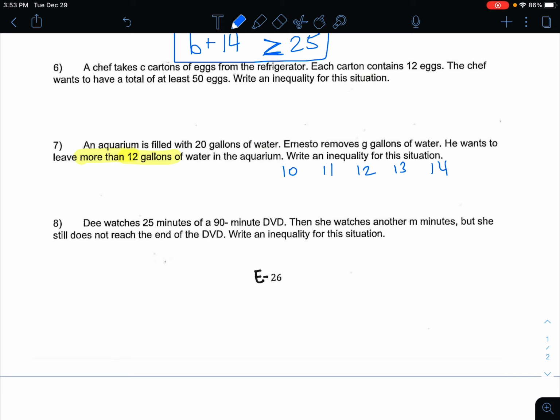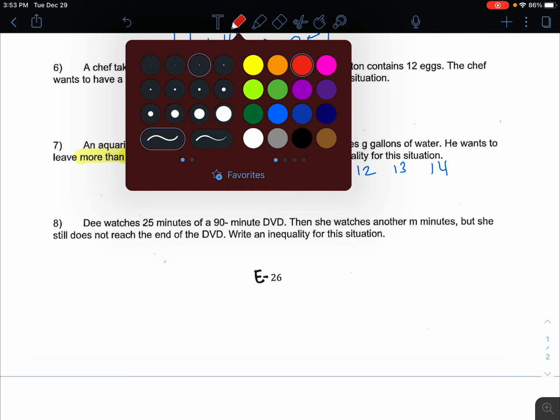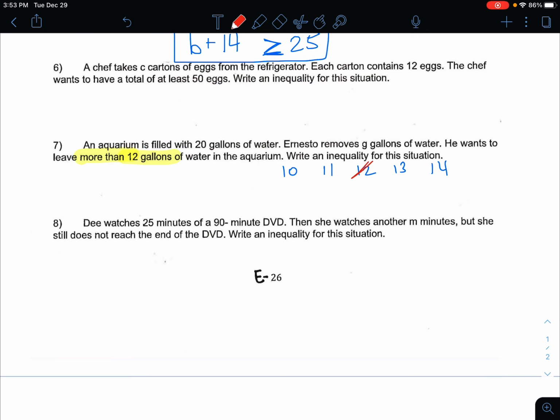So he wants to leave more than 12 gallons. Can he leave 12 gallons? Well, they said you need to leave more than 12 gallons. Is 12 more than 12 gallons? It is not, so 12 doesn't count. Is 13 more than 12 gallons? Yes, it is. What about 14?